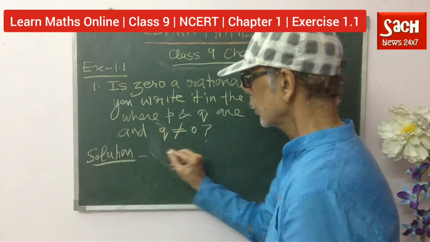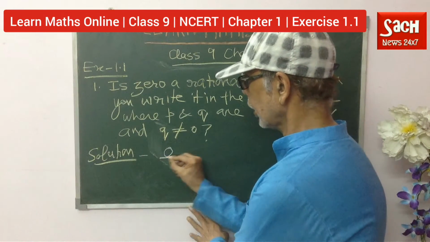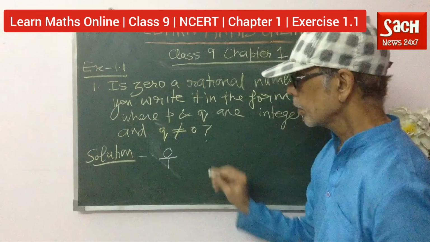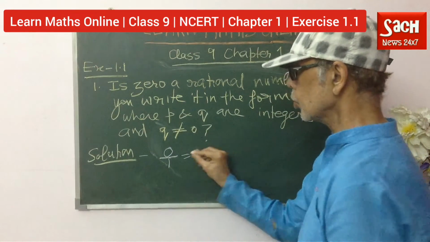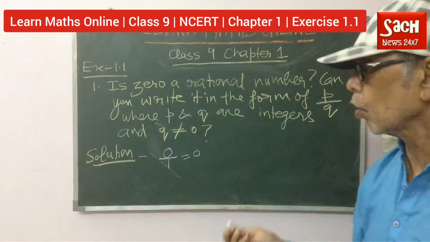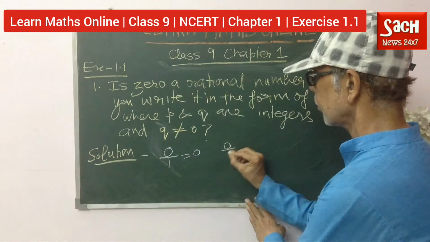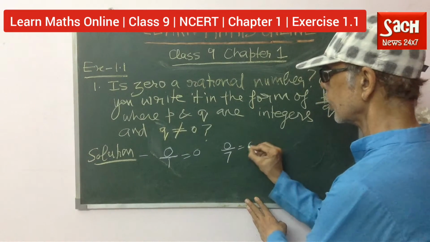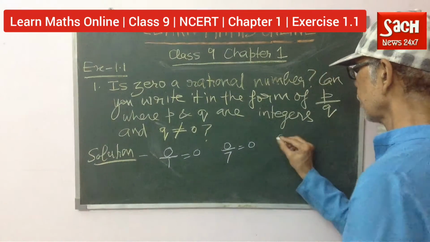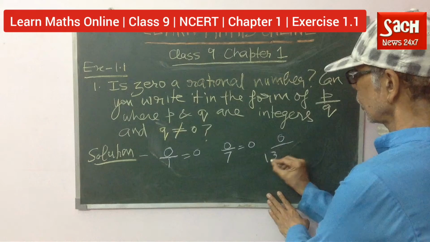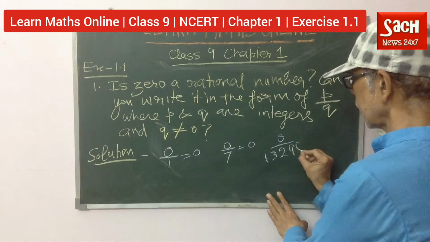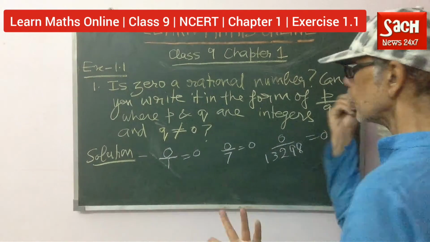Let's see. Take 0, divide by 1. What will be the answer? 0. If you divide 0 by anything, it will be 0. Take another 0, divide by 7. What will be the answer? 0. 0 divided by 1329 will again be 0.